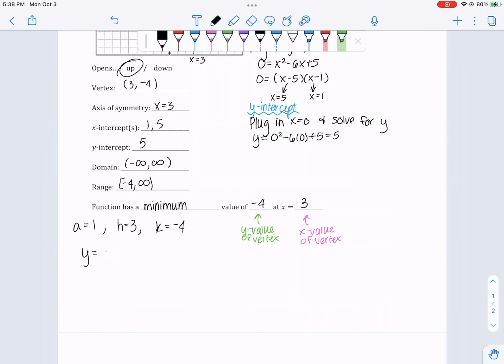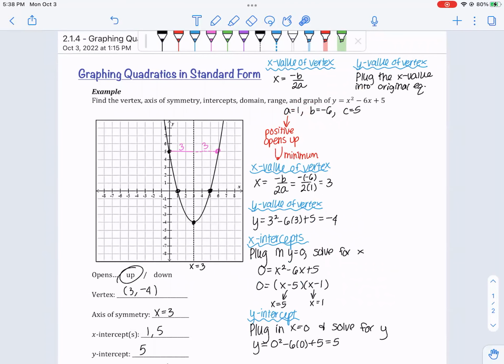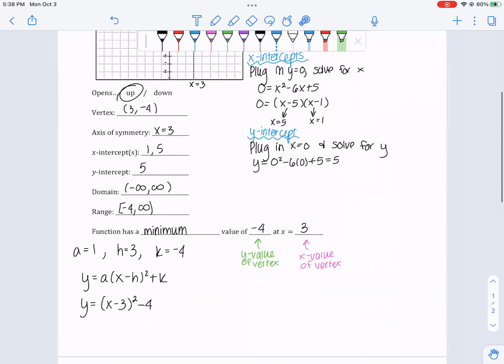I can plug this into my vertex form, and then it would be in vertex form. So if you ever are trying to go from standard form into vertex form, you already have the A value that just comes with the product, right? A is given to you. To find the H and the K, you use the vertex formula, and then bam, you have it in vertex form. So that's pretty cool.